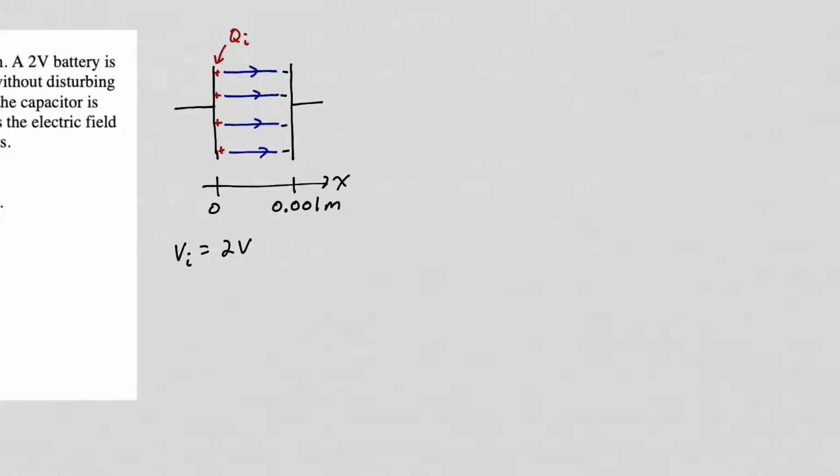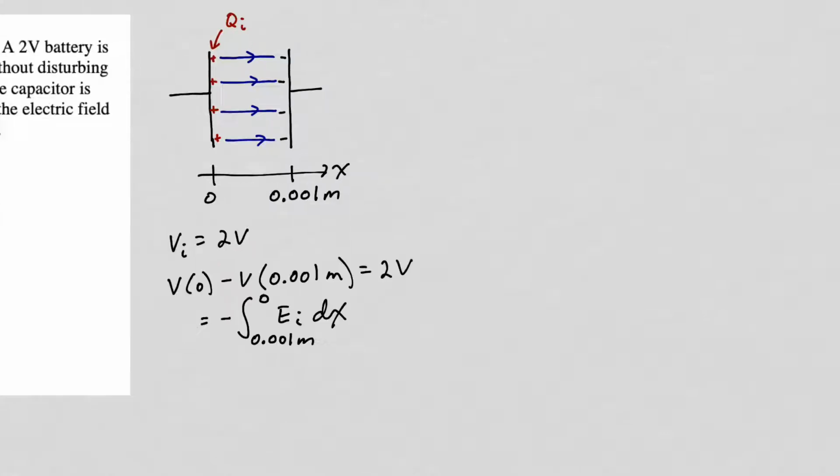Here we have the initial situation. The battery has been removed and there's some charge on the plates. We'll call that Q sub i, and the voltage drop across the plates is 2 volts.